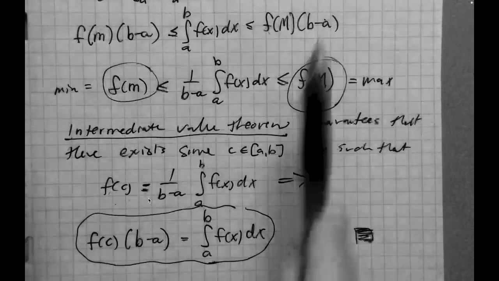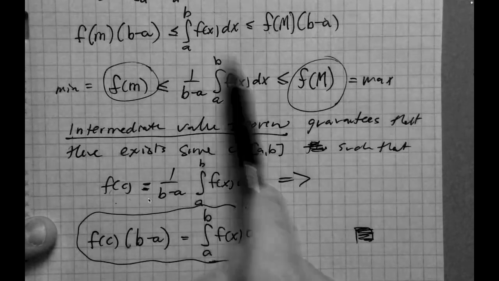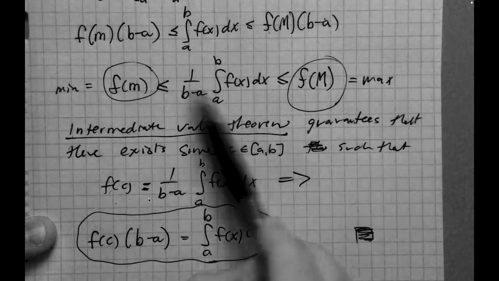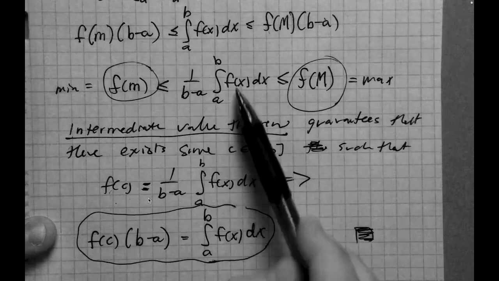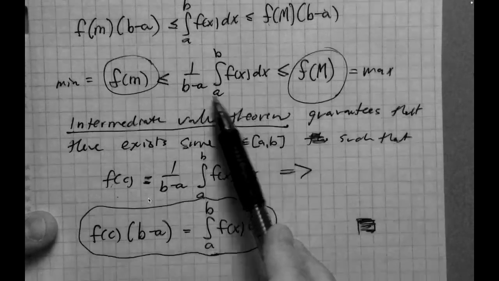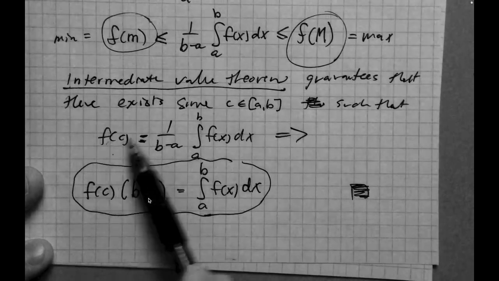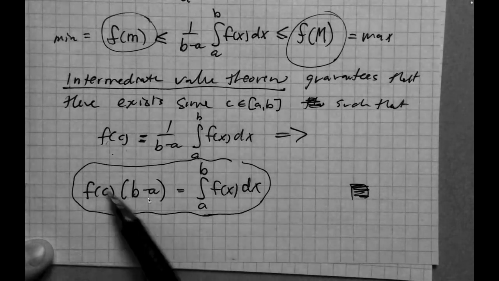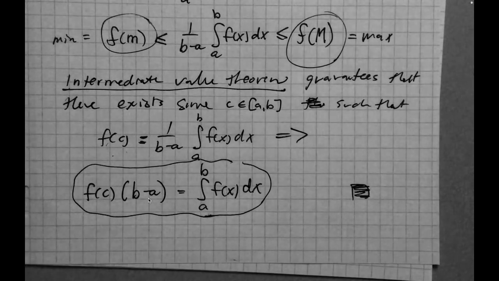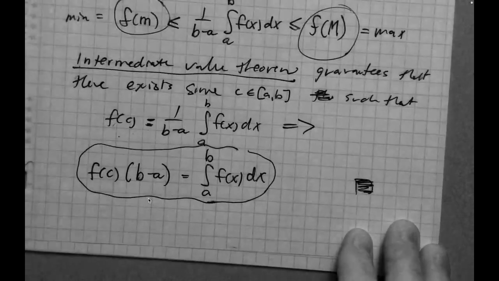Intermediate value theorem says this is a number between these two values, and there's guaranteed to be some c which, when I evaluate the function, gives me this number. And so you get f of c is equal to that, and then it's just algebra, multiply both sides by b minus a. Done. Very nice, slick proof.